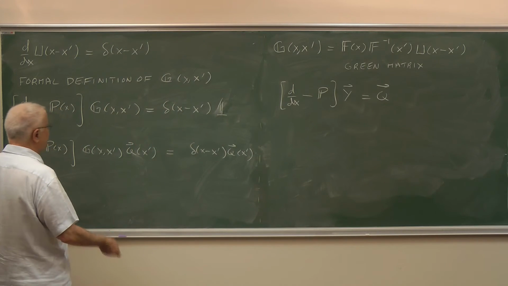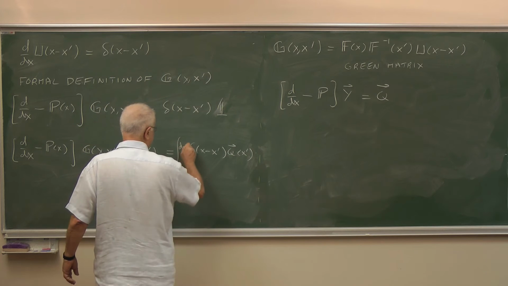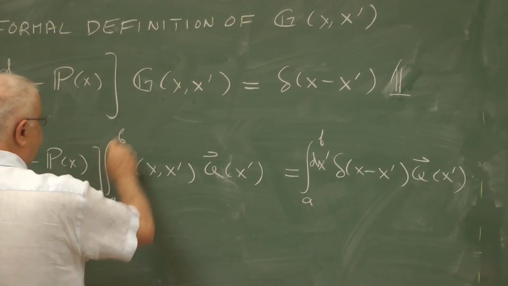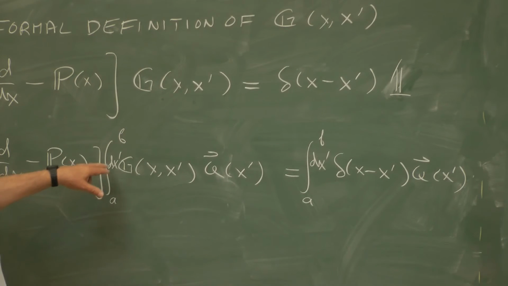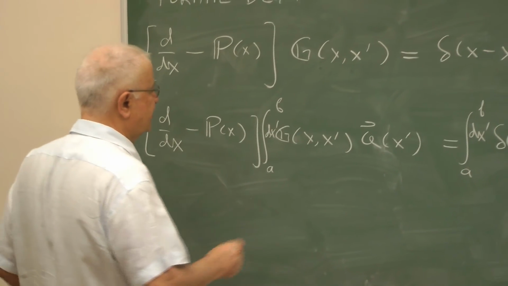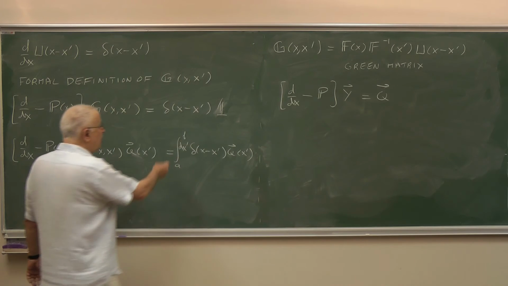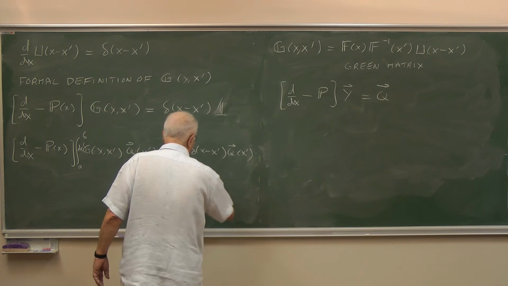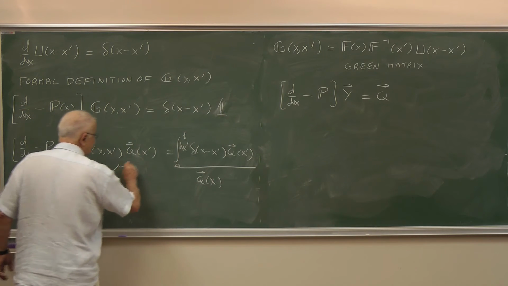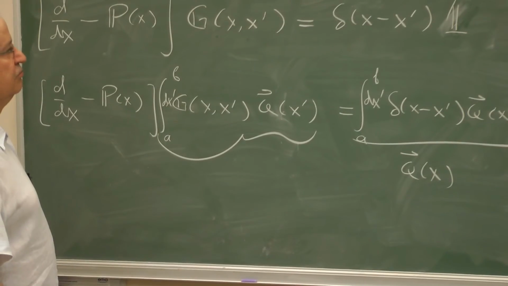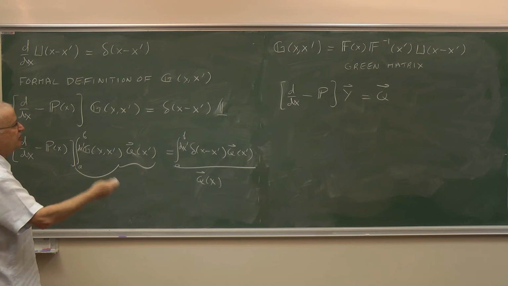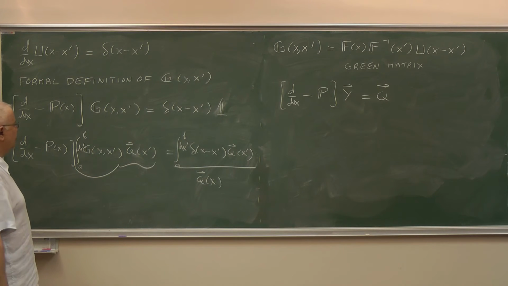Then I integrate over x prime, over the whole range. Since this is dx prime, p of x and the derivative with respect to x are untouched. Now, this is simply q of x, which tells me that this is the particular solution. So d dx minus p hitting on y equals q, the particular solution.